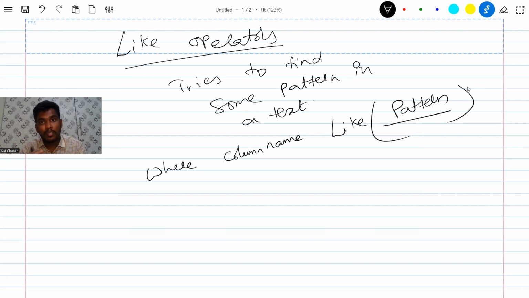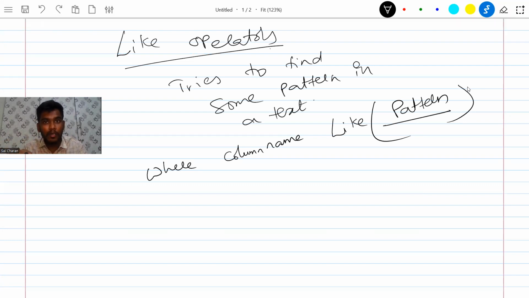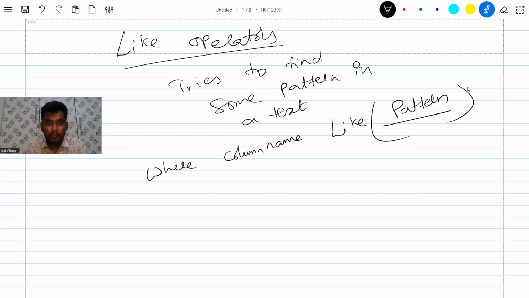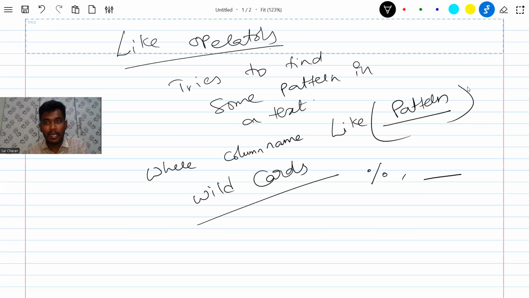To complete the like operator, we need to know wildcards. The wildcards are the percentage symbol and the underscore. These are the two wildcards we can use.